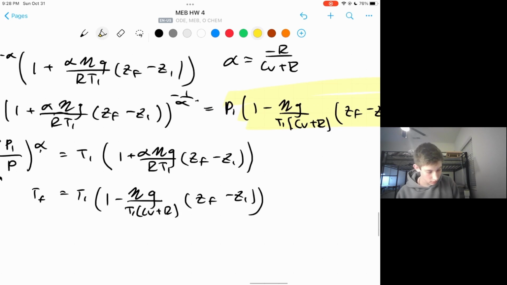So this is our equation for the relationship of temperature when we combine the basic equation of statics for an ideal gas with our derivation of an adiabatic reversible expansion of an ideal gas. So yeah, thank you.